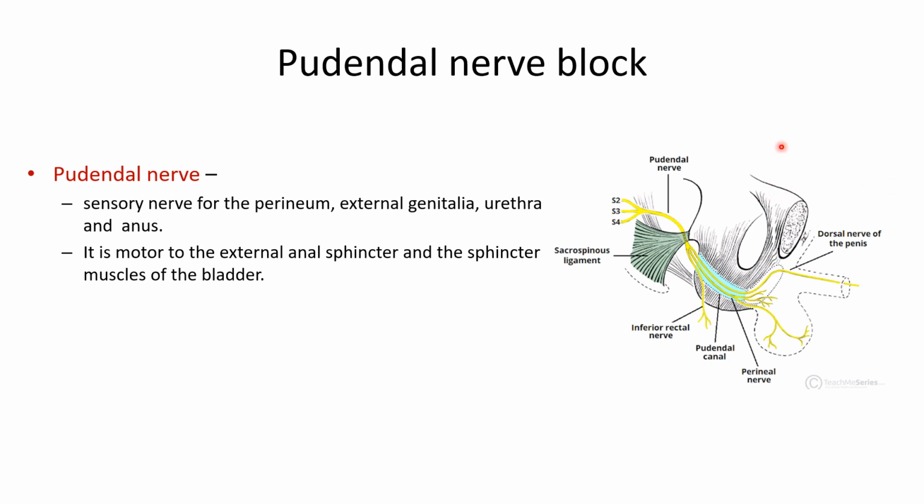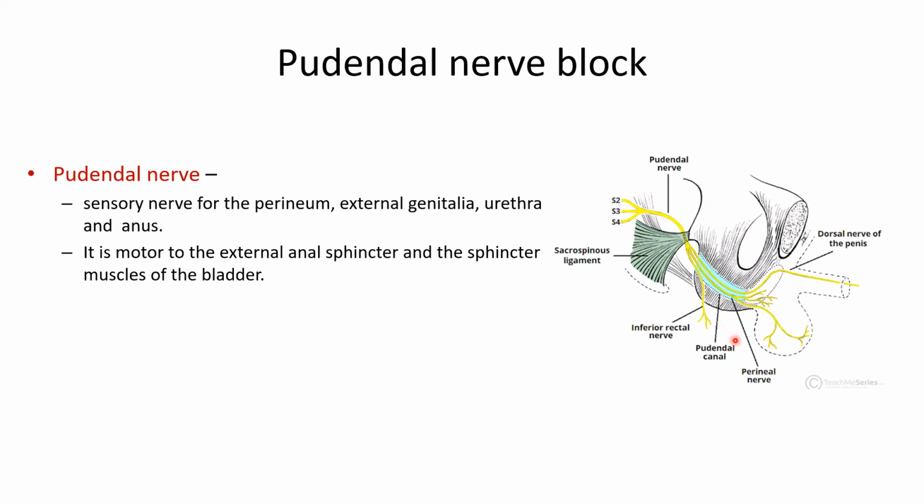So let us see the pudendal nerve, a little part of it. It is a sensory nerve conveying the sensations from the perineal area, the external genitalia, the urethra and anus.